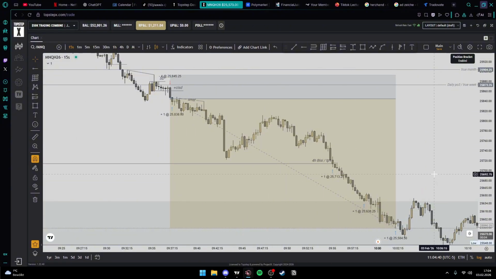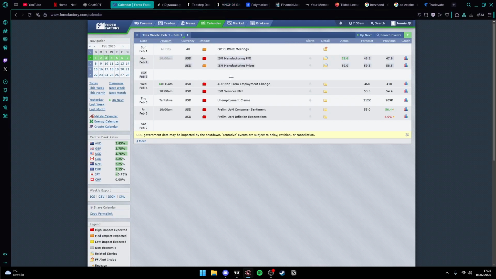Some of you might know me in the server, and you guys know I nearly never take partials, only in a special scenario, because most likely I have an external draw on liquidity. Today was an internal one because it was the new week inside of the area of equilibrium. Today was an exception for me because if you look at the news, we had no news today.